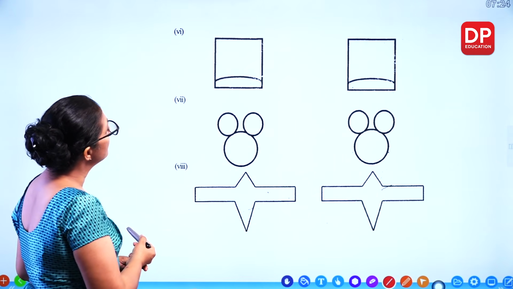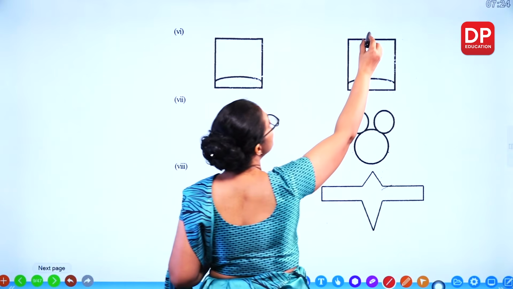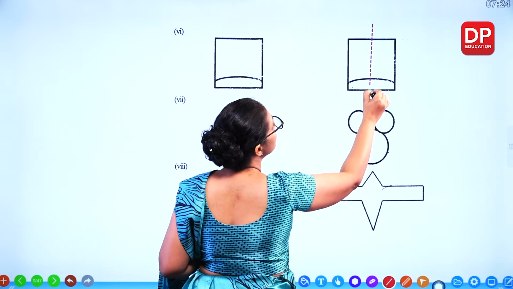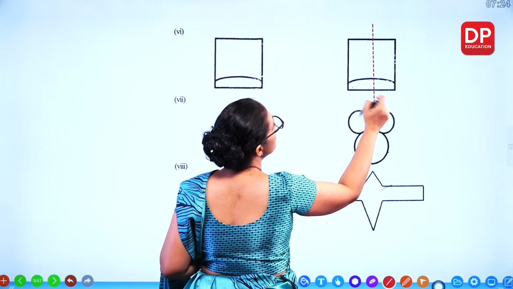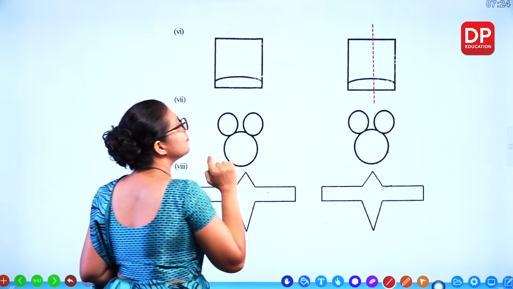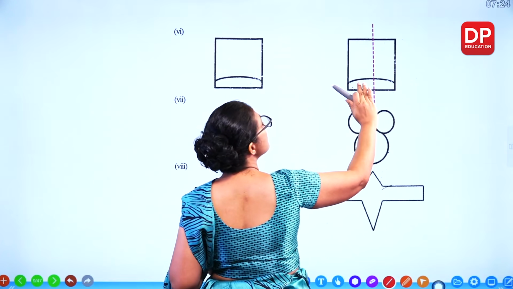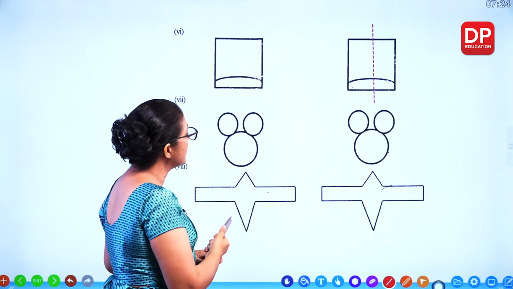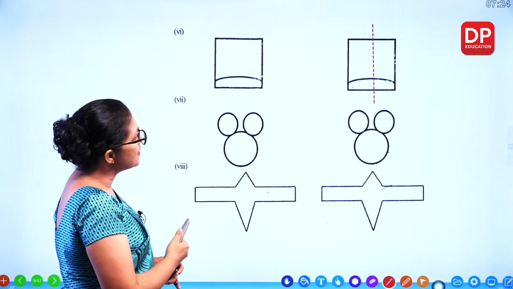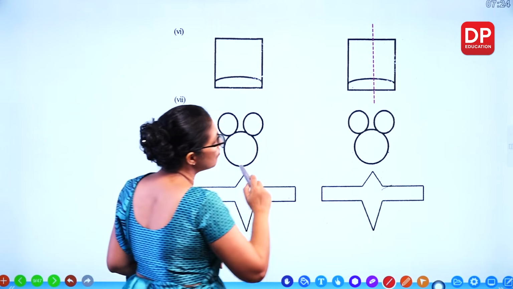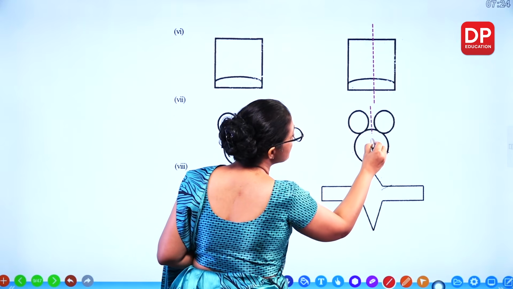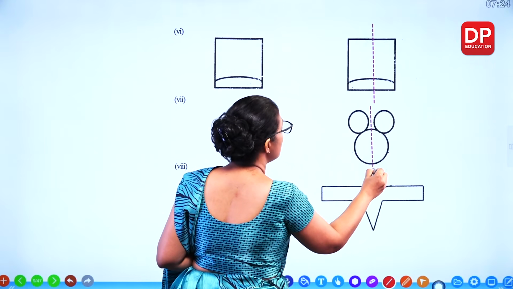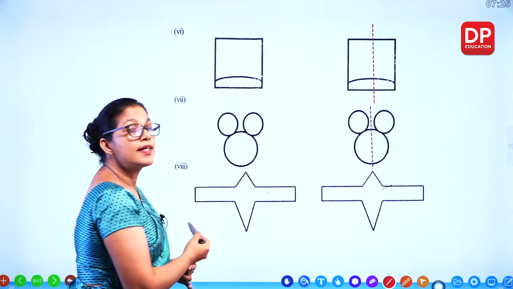Look at this one. You can only draw one line because of this part. You can't divide into two because this side is not the same as the upper part. This diagram, you can divide exactly from here. That's the axis of symmetry.